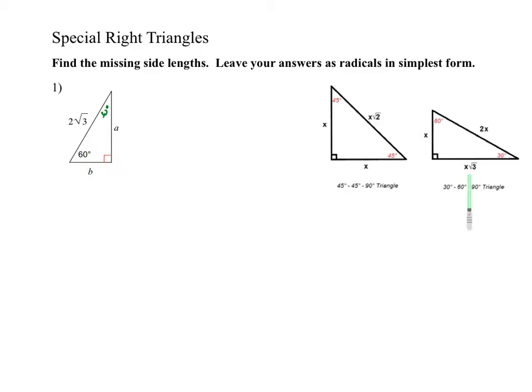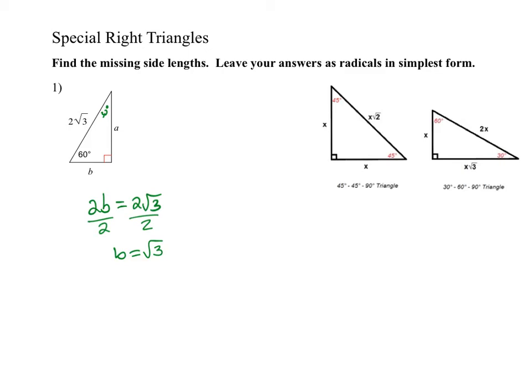So I'm using this theorem right here. Because B is the smallest, the hypotenuse is 2 times B, 2 times whatever B is. So this is equal to the hypotenuse, so it's equal to 2 square root of 3. I'm solving for B, so if I divide by 2, B is the square root of 3.